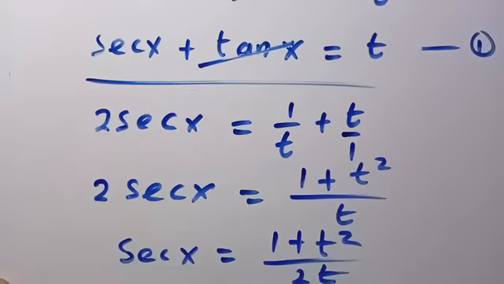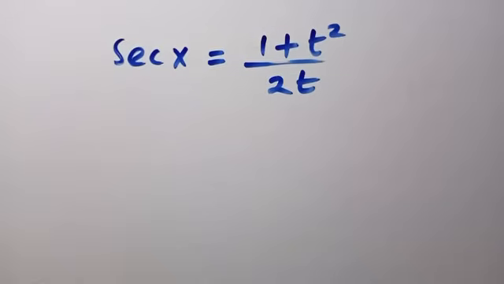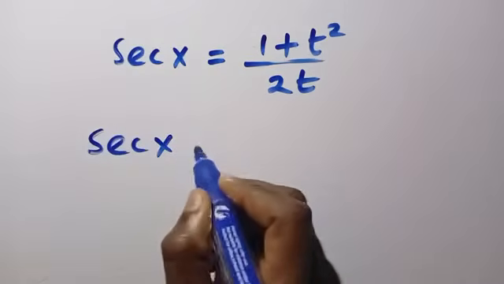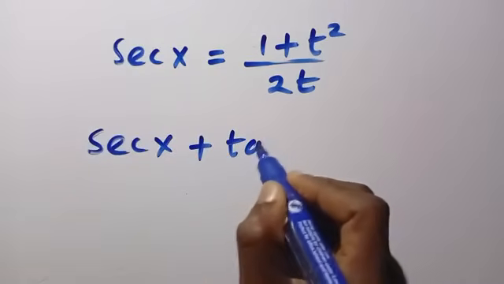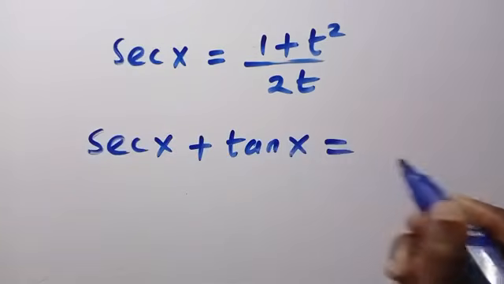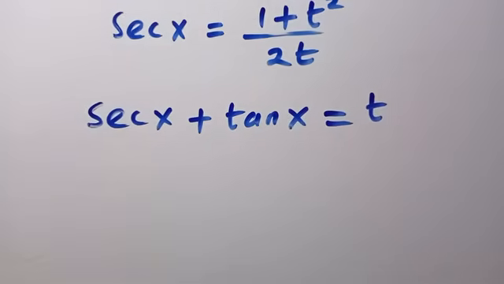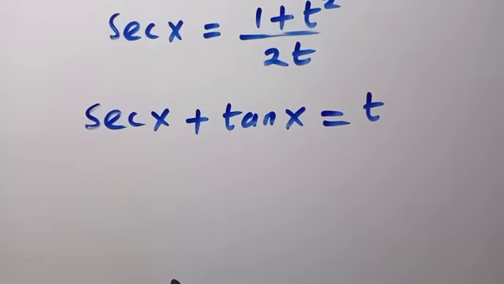Let's find tan x. Considering one of the two equations above, let me recall equation 1, which says sec x plus tan x equals t, and sec x is 1 plus t squared over 2t.